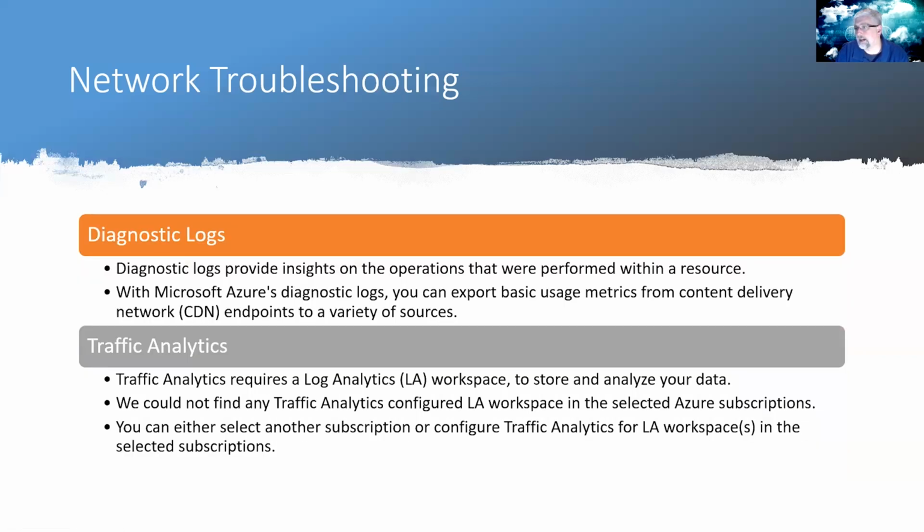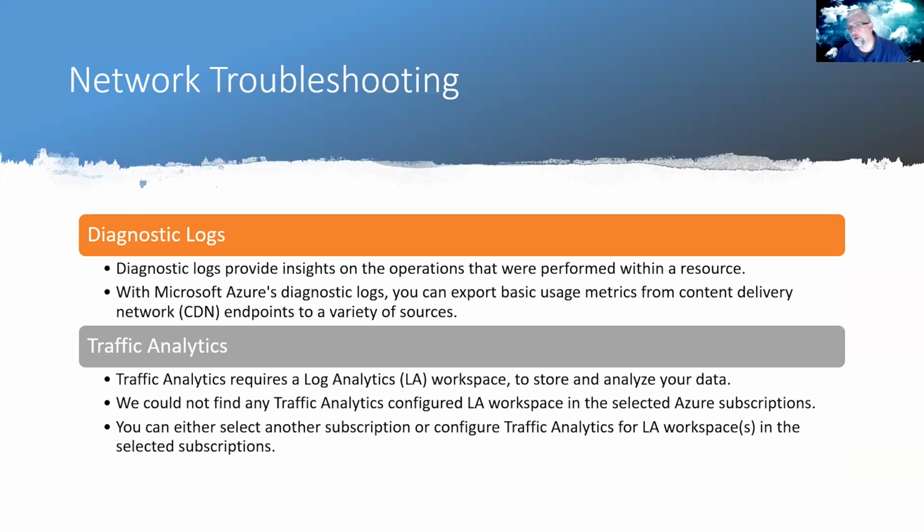Our next piece is diagnostic logs. We kind of went over this already, but know they're there. And remember, you have to set them. You want to make sure that those things are set. And you want to make sure you're setting them to a single storage or a single log analytics. If you have 500 machines, use one log analytics account to send all your logs to.